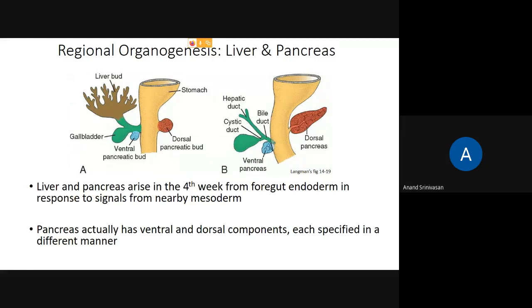For you, the liver is not finished, so I need to describe the normal ones. From the liver there will be a hepatic duct, and this hepatic duct joins with the dorsal pancreatic duct.